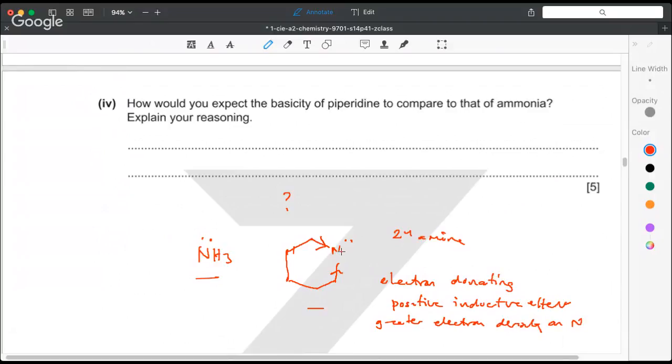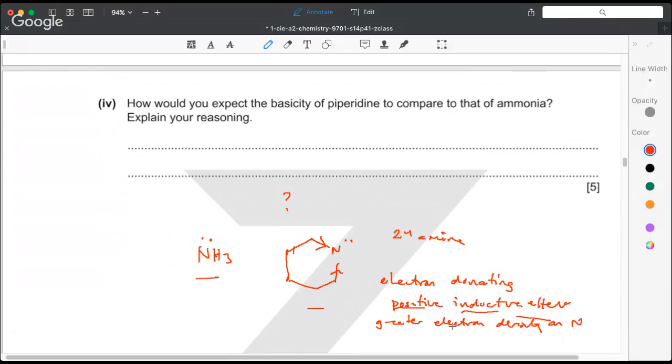So this nitrogen has a greater electron density than this nitrogen here, even though they've both got the same number of lone pairs, one lone pair each, because these groups here donate electrons onto the nitrogen, and that's called a positive inductive effect.